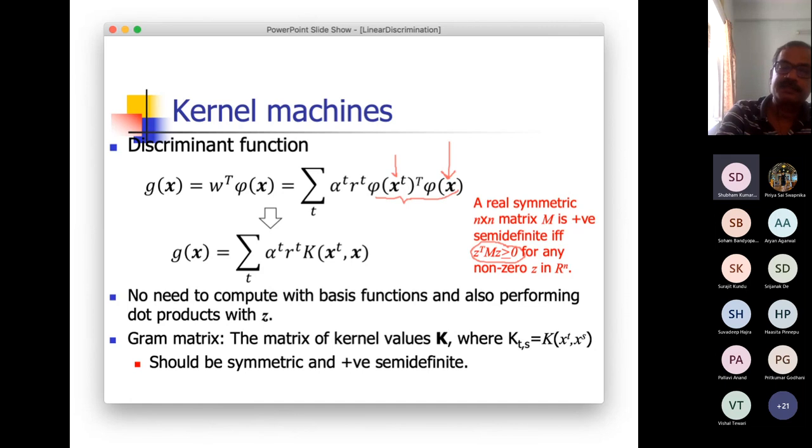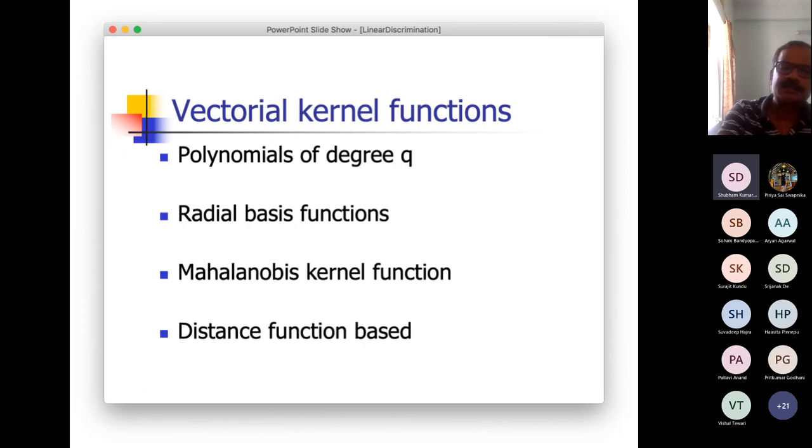Then it is basically positive semi-definite for any non-zero Z. So that equality actually makes it semi-definite. If the equality of 0 is not there, then it is definite. Right. So if it is provided, then you can use it in the computations very easily.